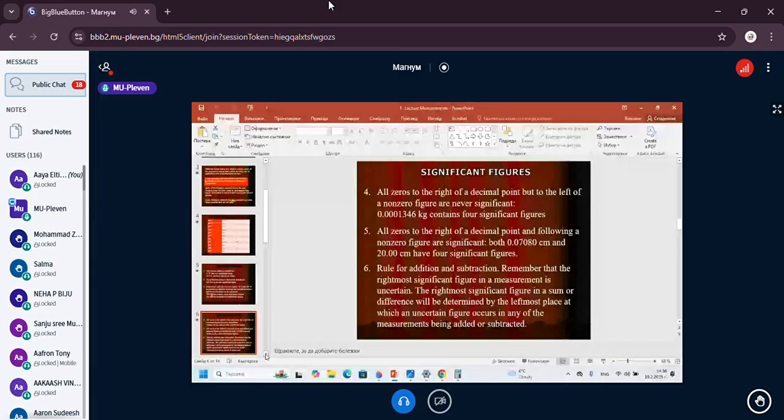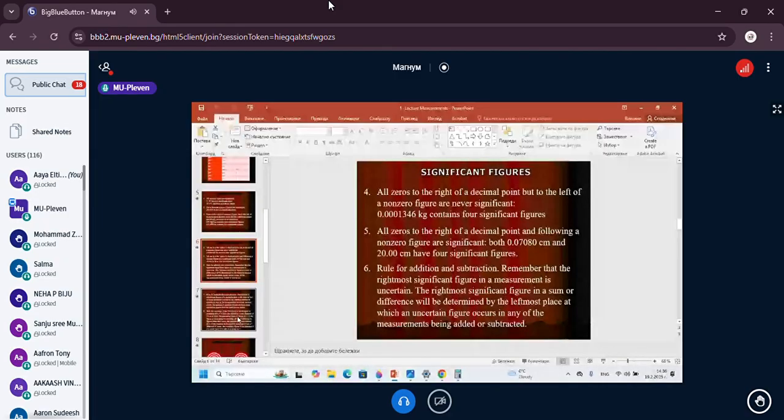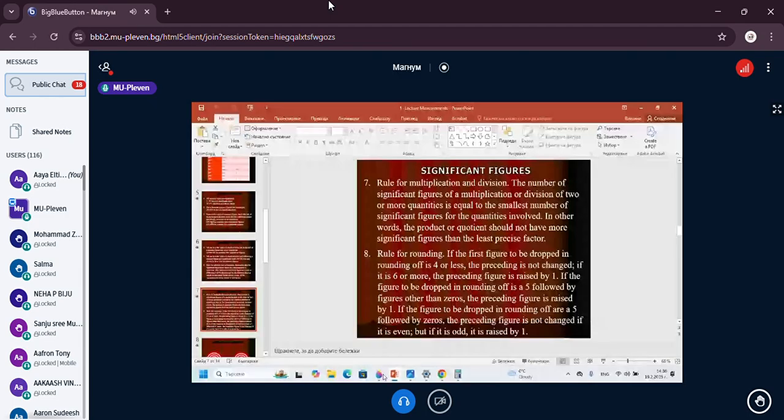We will have an example here, but let us complete the previous example. Rule for multiplication: the product shouldn't have more significant digits or figures than the least precise factor.